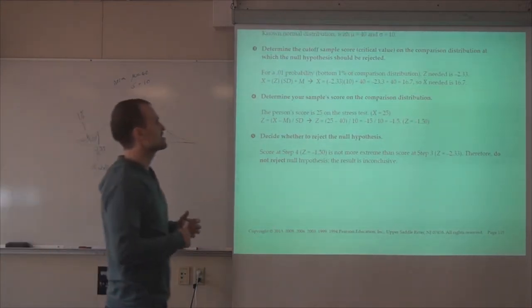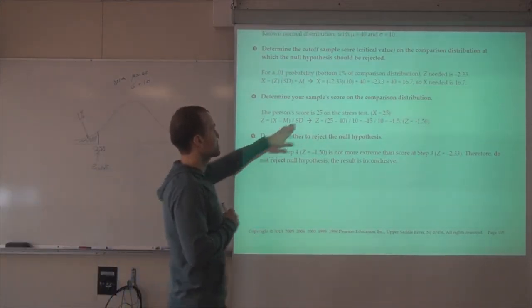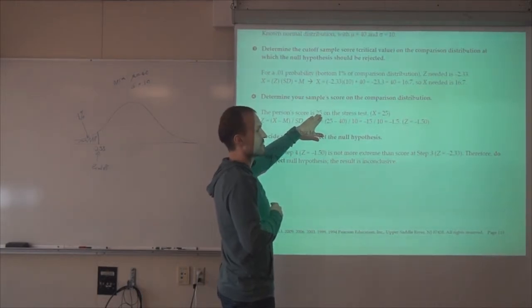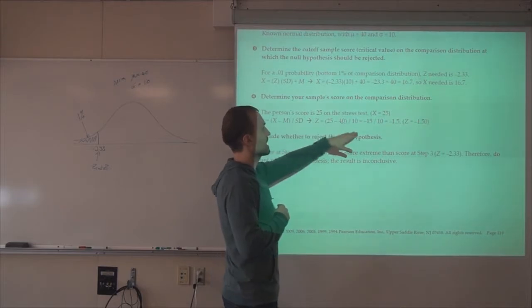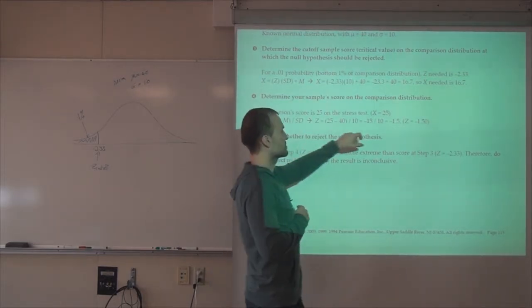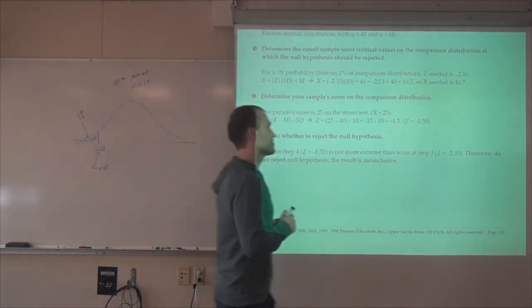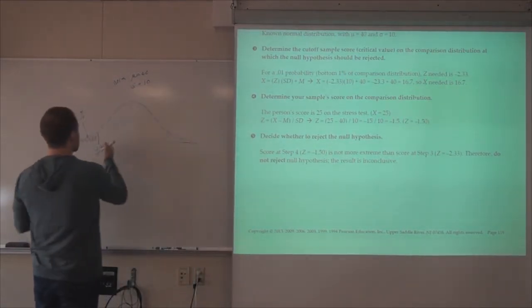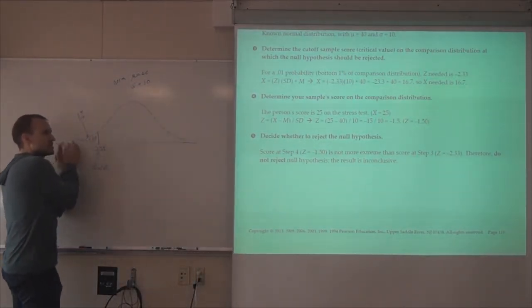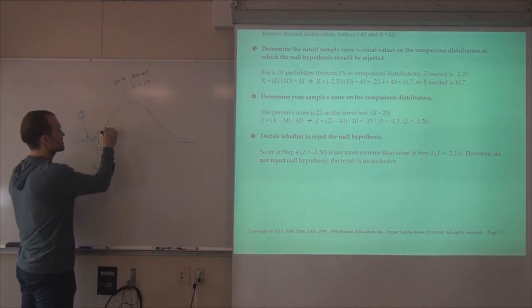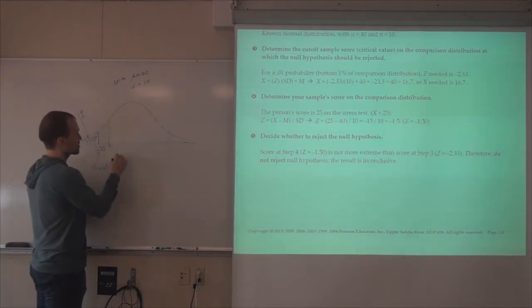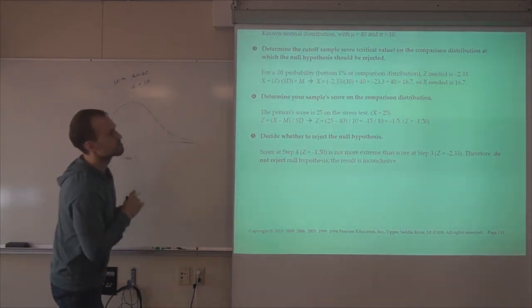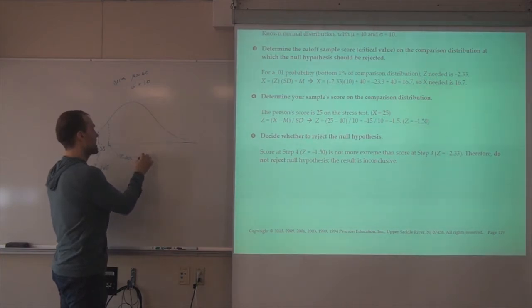Another way that we usually do it is to convert the 25 score from my sample to a Z score with the formula that we've seen before, and I get negative 1.5. So I'll call my Z observed negative 1.5.